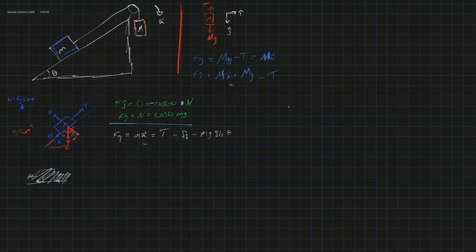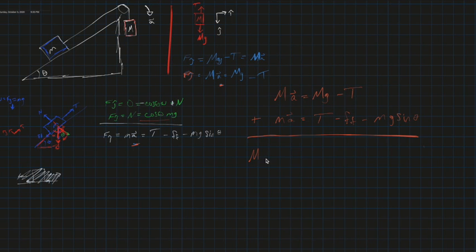So let us do this in orange. MA equals Mg minus T plus little m a equals tension minus the force of friction minus mg sine of theta. We're going to do M times a plus m a equals, well, the tension is going to go away, Mg minus the force of friction minus mg sine of theta.